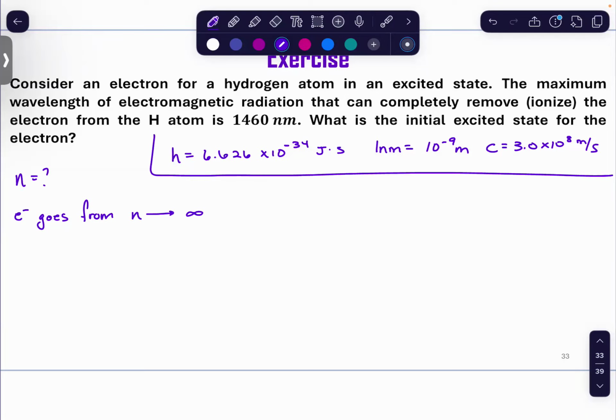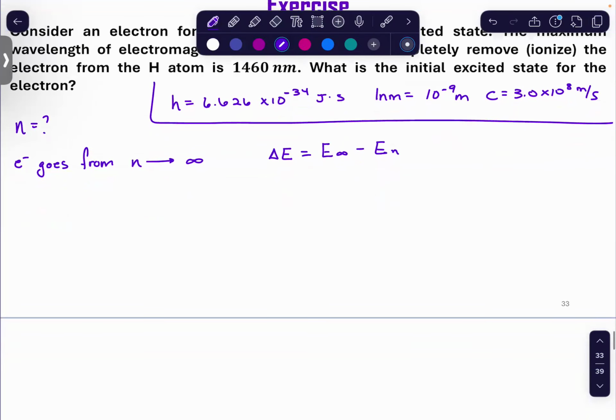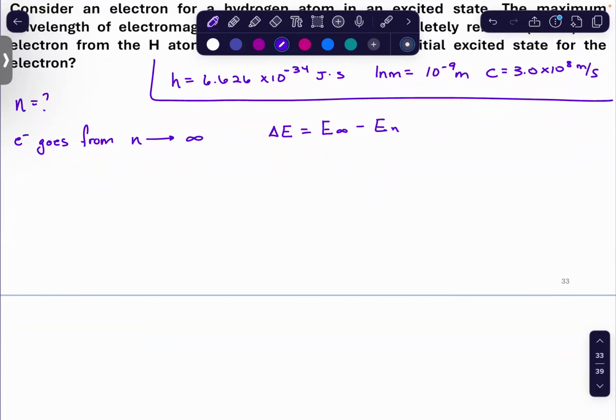So our delta E is going to be at that infinite state minus En. So we have two equations we need to work with here, because we're looking for that value of n and we have a wavelength. First off, we know delta E is hc over lambda.